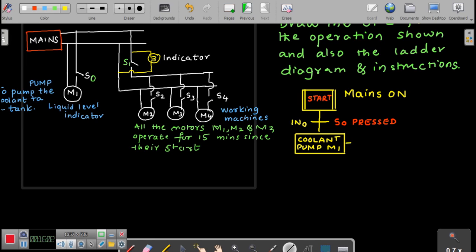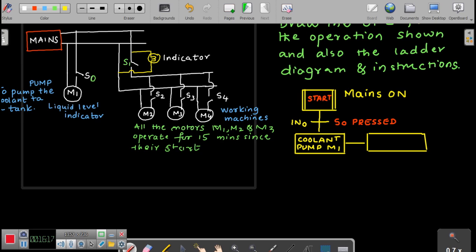So now here I will have one output, something like this: transition, input, transition, process, and the output.